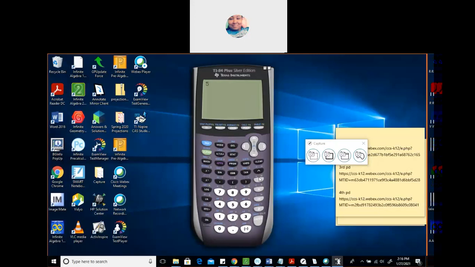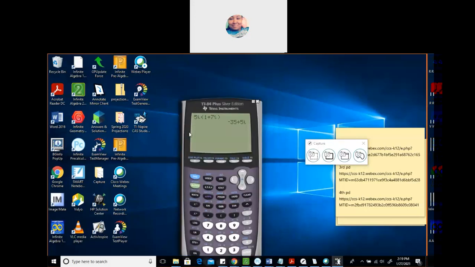I can't remember if it's going to do it or not. Second i. Oh, shoot. 1 plus 7i. Oh, let's do it in real mode. So don't worry about changing it back and forth. Do it in real mode or a plus bi mode. So if you happen to have a TI-84 at home, then hey, definitely use this.